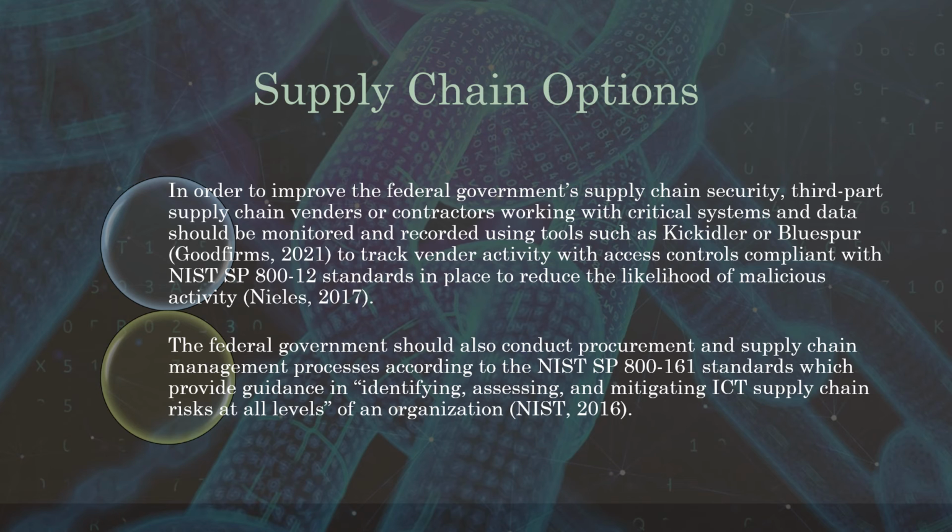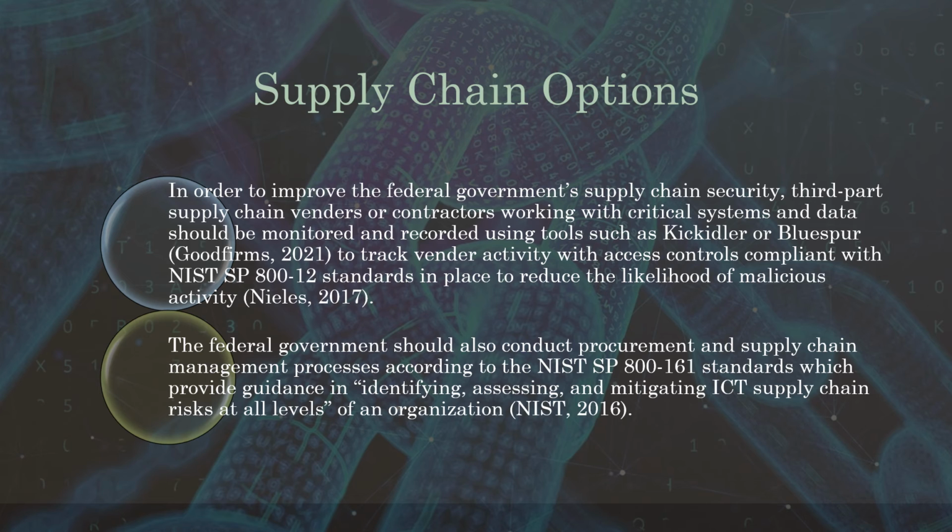So the federal government should also conduct procurement and supply chain management processes according to the NIST SP 800-161 standards, which provide guidance in identifying, assessing, and mitigating supply chain risks at all levels of the U.S. federal government or any organization, right?